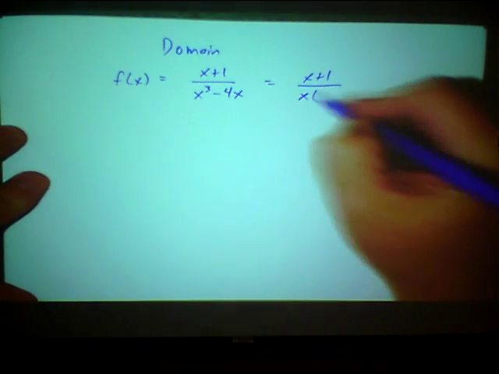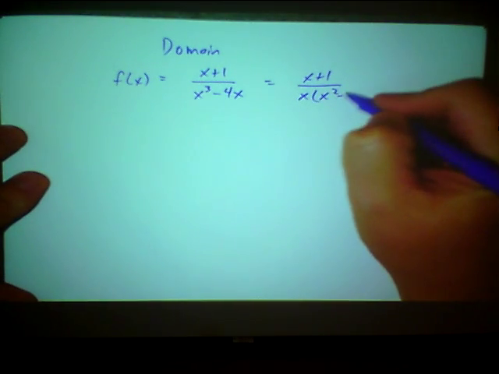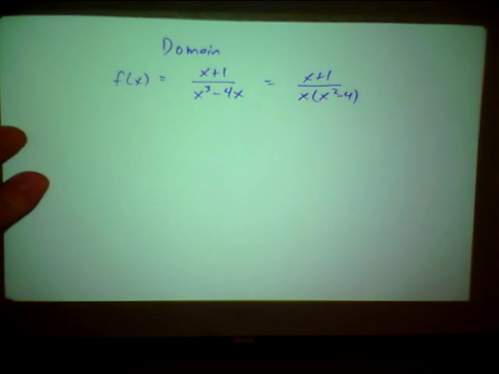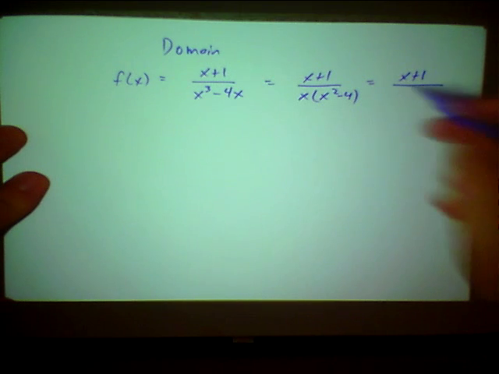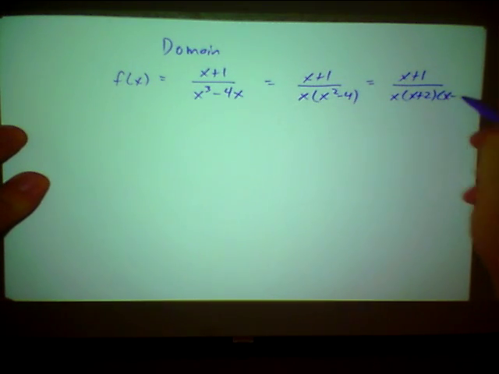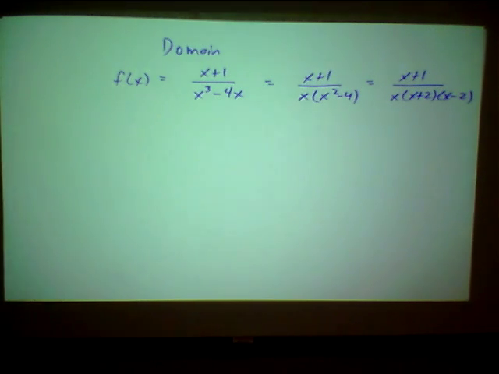I can factor out an x. I get x squared minus 4. And then I realize that's a difference of squares, so I can factor some more. And I get x times x plus 2 times x minus 2. So, here we go now.